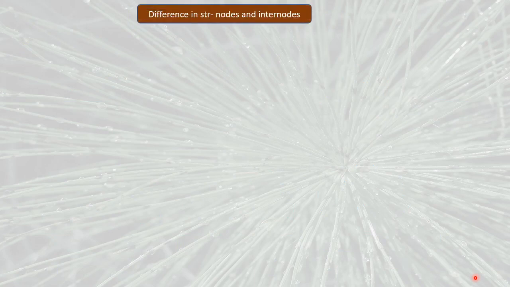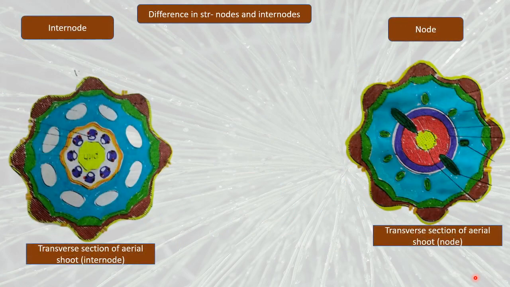Now we understand that there is also a difference in structure of both nodes and internodes. As I told, there is a structural difference between the internode and node. So this is the figure of the internode that we already learned before, and this is the transverse section of the aerial shoot through nodes, right?